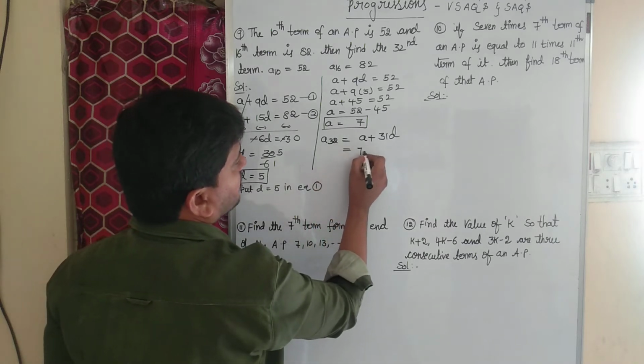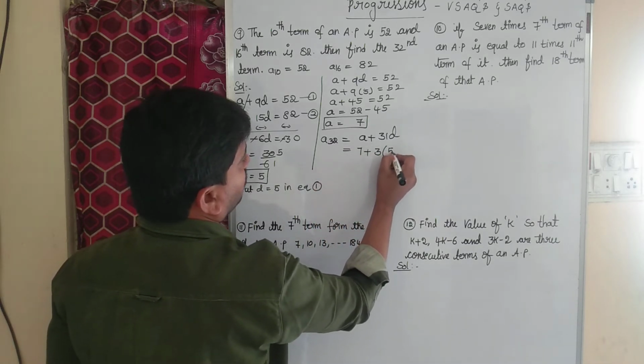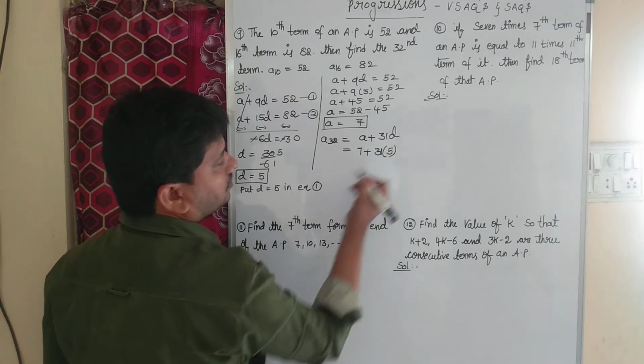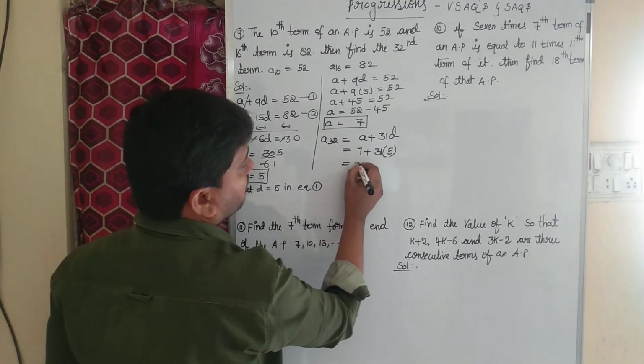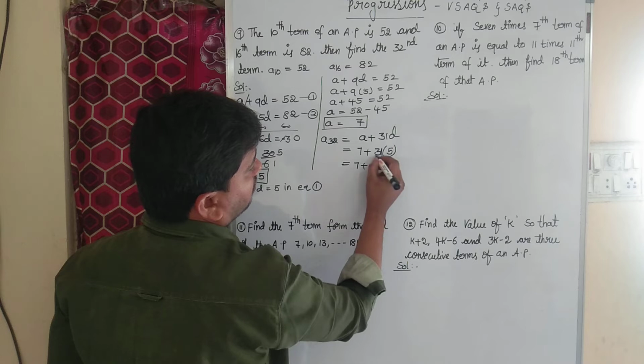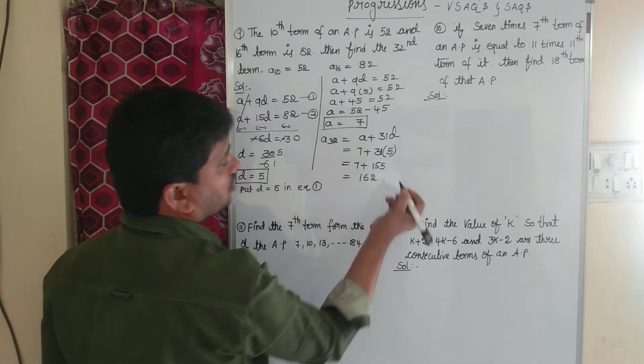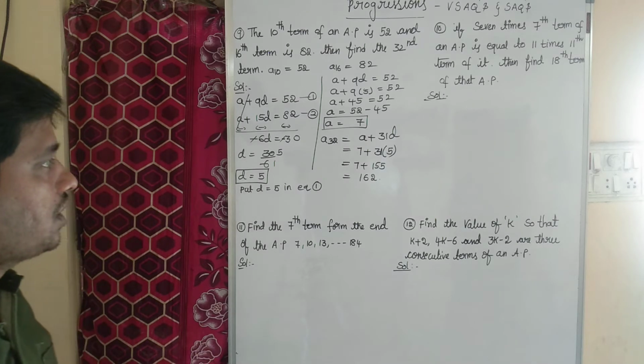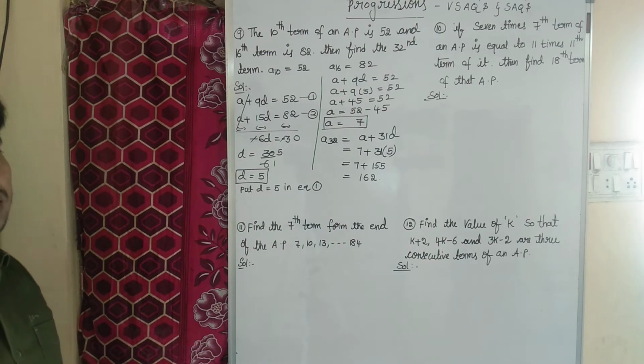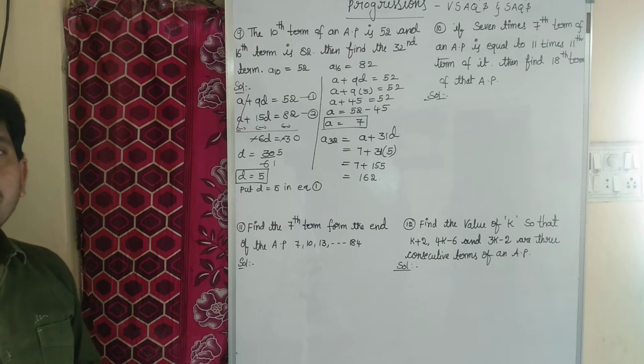The value of a is 7 plus 31 into d value is 5. So 7 plus 5 31 is 155, plus 7, which is equal to 162. So children, what is the 32nd term of an AP? Which is equal to 162.